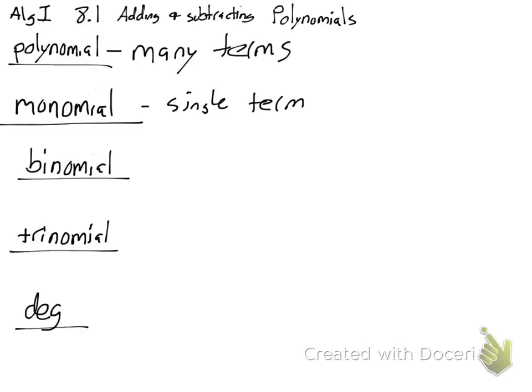Now when I say a single term, we're going to back up even more. So a polynomial is many terms, as in many terms added or subtracted. So a single term, guys, can be a single number, a constant, so it could be something like 2.